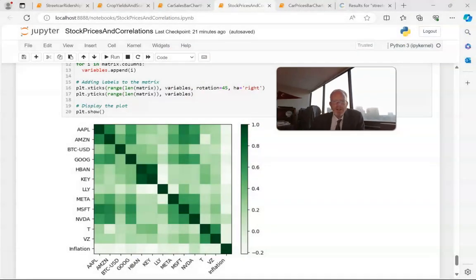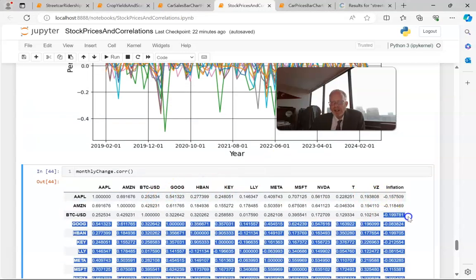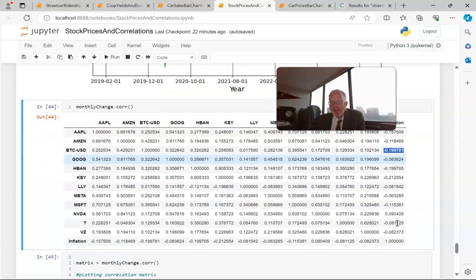I think it's also interesting to take a look at inflation and Bitcoin. Bitcoin's often considered an inflation hedge, but we actually see here that inflation and Bitcoin appear to be somewhat negatively correlated. Let's see what we see here. Sure enough, negative correlation. But then again, inflation is negatively correlated with almost every asset class.